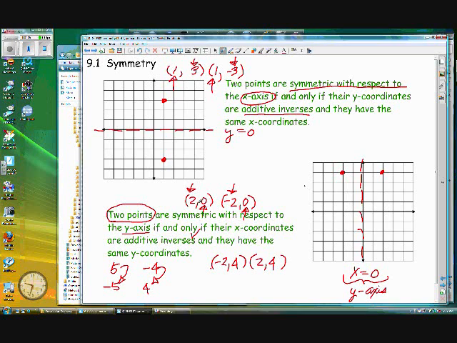If we have 2 additive inverses for coordinates, a 2 and a -2, and the y, or the output of this equation, that's always the y, isn't it? If those remain the same, then we have 2 points that are symmetric with respect to the y-axis.